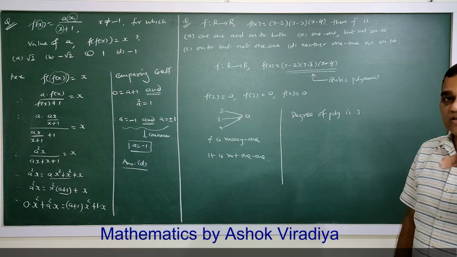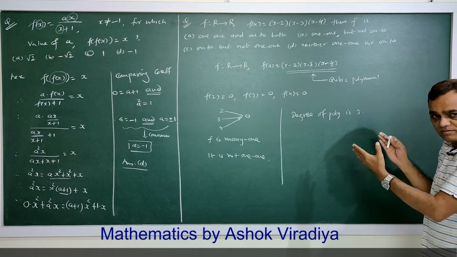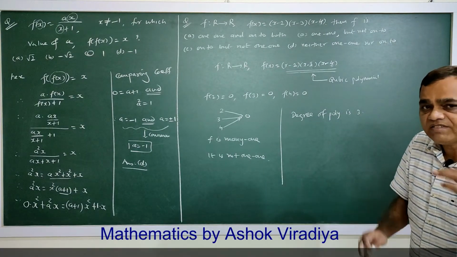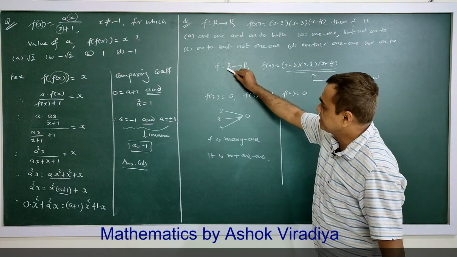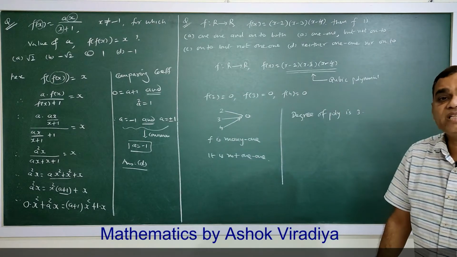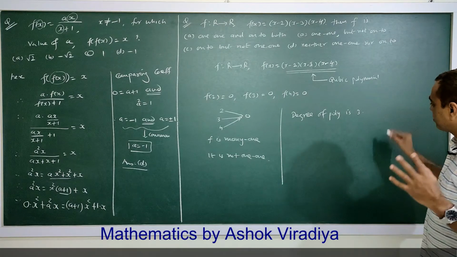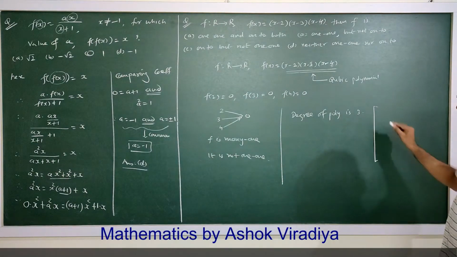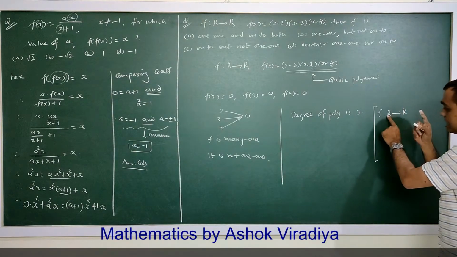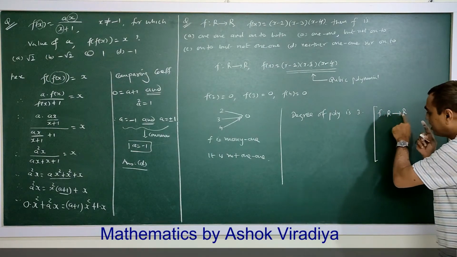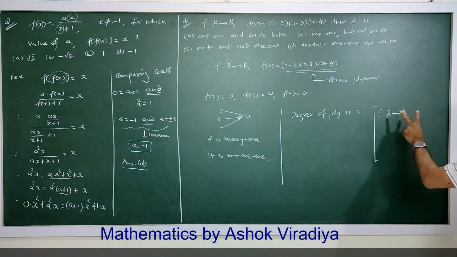If degree is odd, any function in polynomial form, a polynomial function with odd degree, and if the function is defined from R to R, then remember it is always an onto function. So that note I am putting here inside. F from R to R, these are a must. This is true only for R to R. Domain is R, codomain is R. Both must be the set of real numbers.